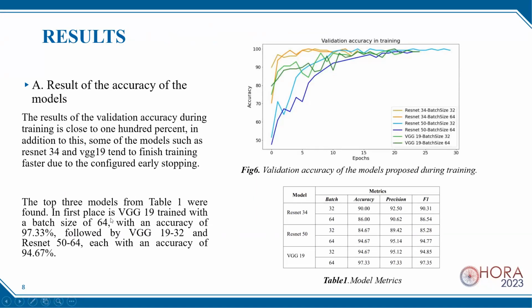The top 3 models from the table were VGG19 trained with batch size 64, with the highest accuracy. The second model was VGG19 with batch size 32, and finally a ResNet 50.